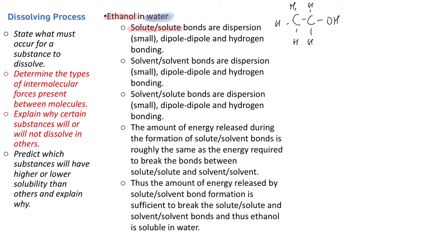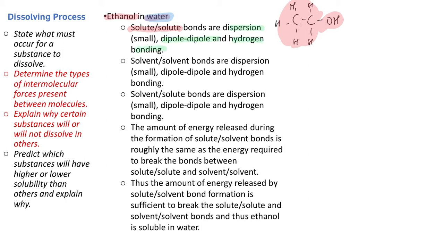The solute-solute bonds, which is the ethanol, are dispersion forces, dipole-dipole, and hydrogen bonding. Between this molecule and another one of itself, it's going to have hydrogen bonding because of that, and dispersion forces because of this. Generally, it's going to have all three types of bonding, and it's important to list all three types of bonding.